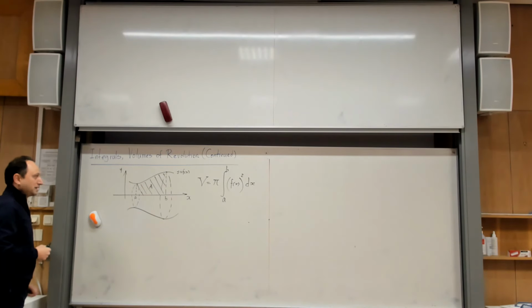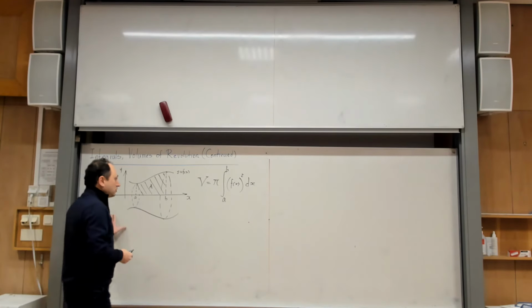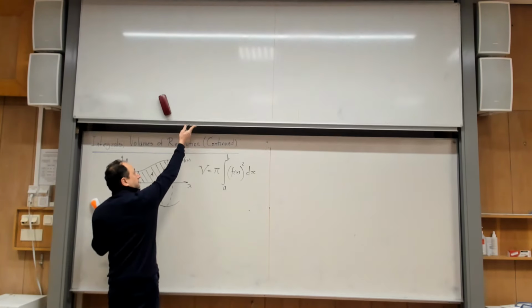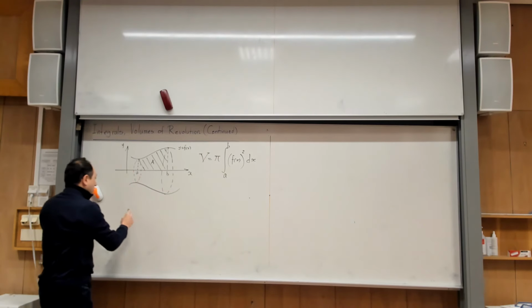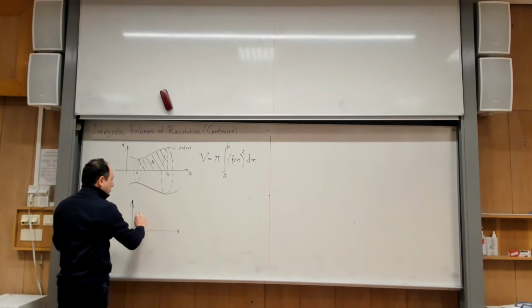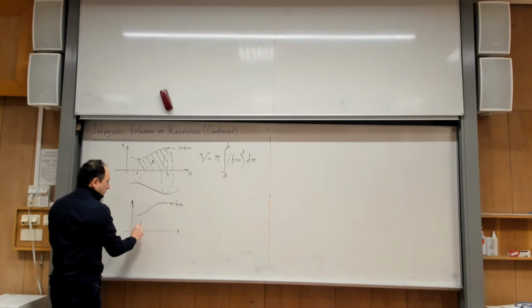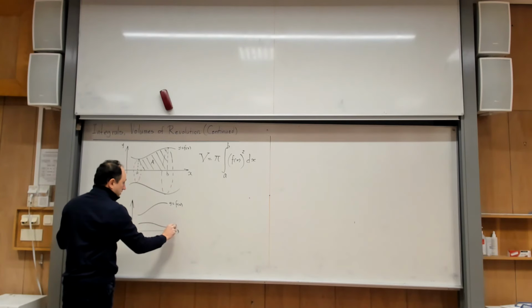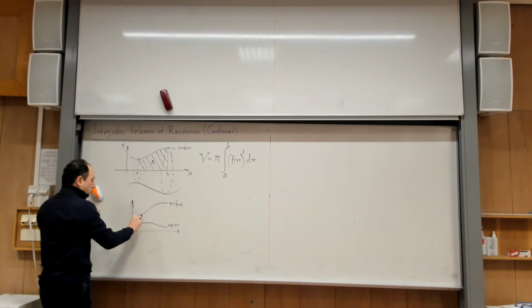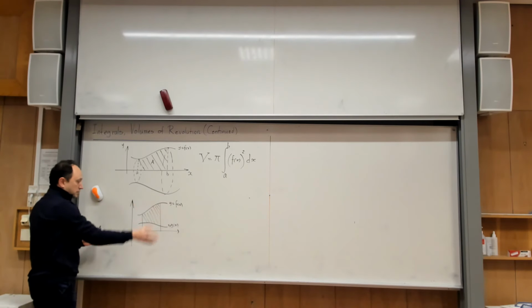But before doing that, let me start with a simpler one, which is in the book. I told you that after that, when I solve some problems for you, I would also plan this problem. So here we have 2 curves, f of x, and the other one, for example, is g of x. And now we rotate this area between the 2 functions, only this area about the x-axis, yes?